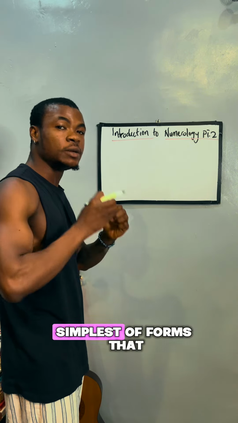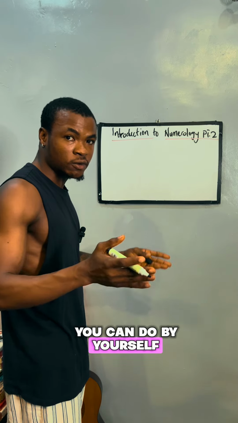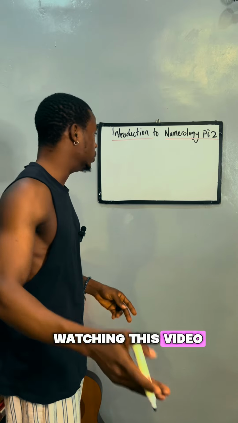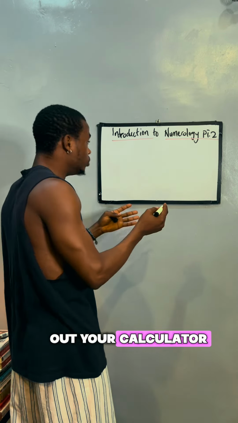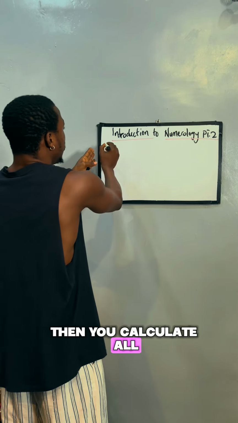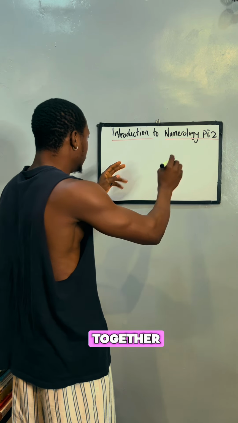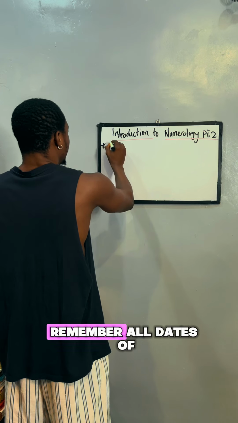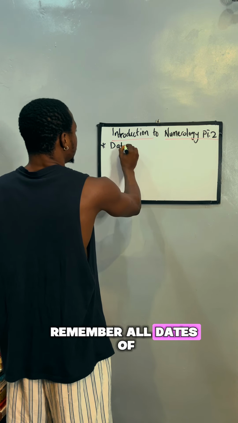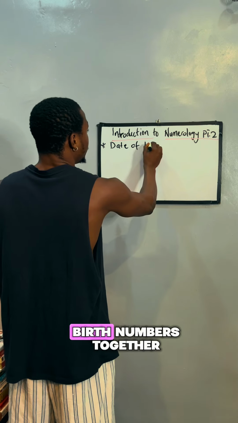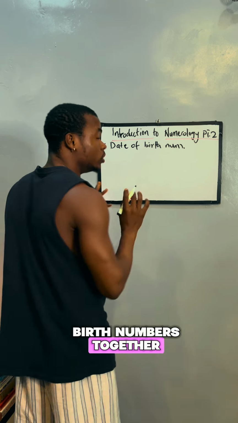Now, if you want to calculate your life path number, I'm going to give you a pattern of it in the simplest of forms that you can do by yourself as you're watching this video. Just bring out your calculator, then calculate all the numbers of your date of birth together. Remember, all date of birth numbers together.